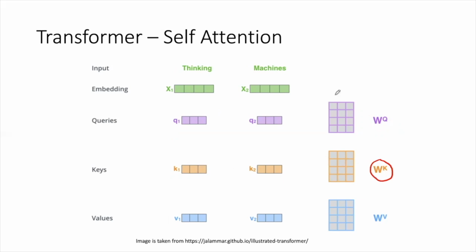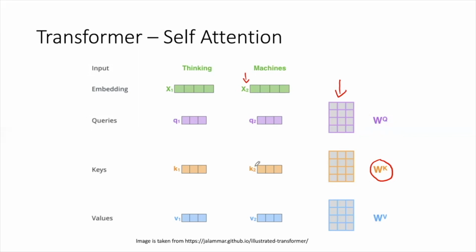These query, key, and value matrices are common: there is only one single query, key, and value matrix for one block of self-attention. Irrespective of what x1, x2, or our inputs are, these matrices are fixed for this self-attention block.